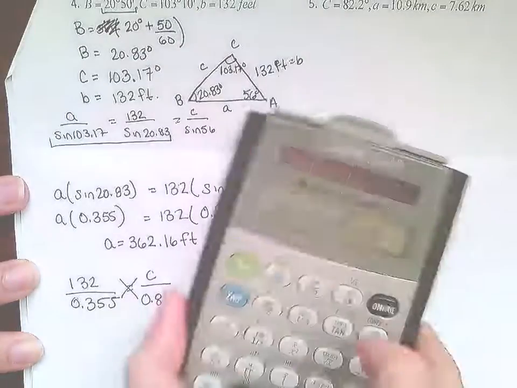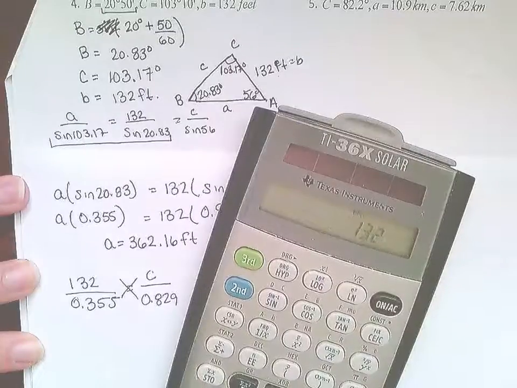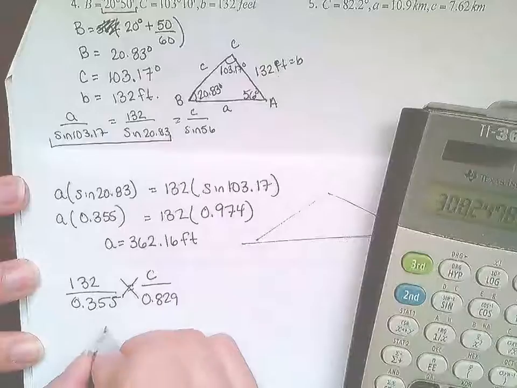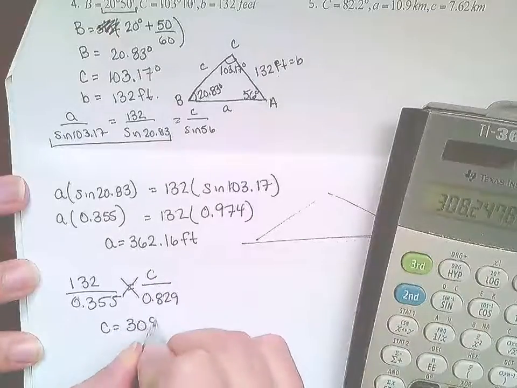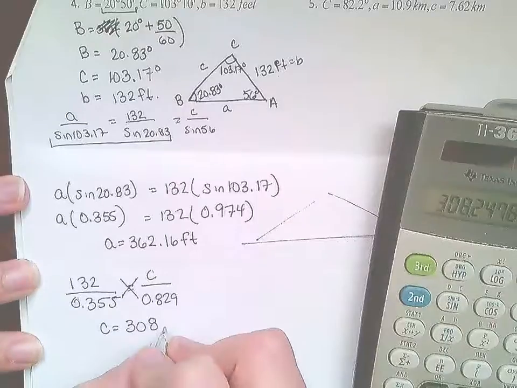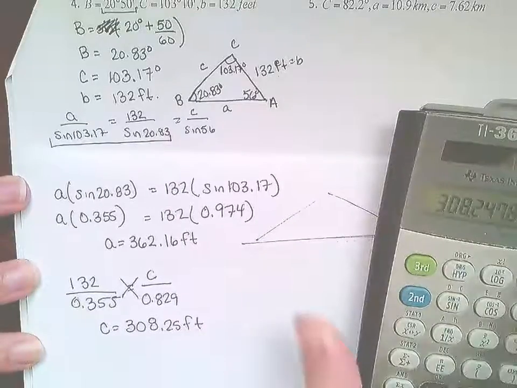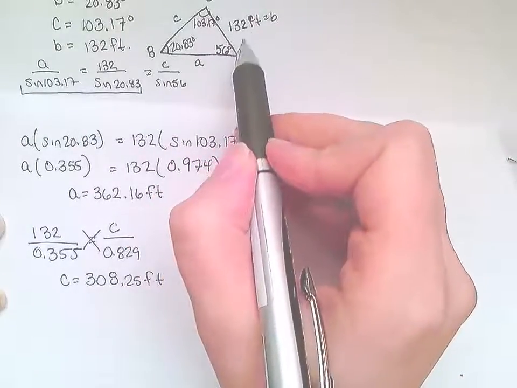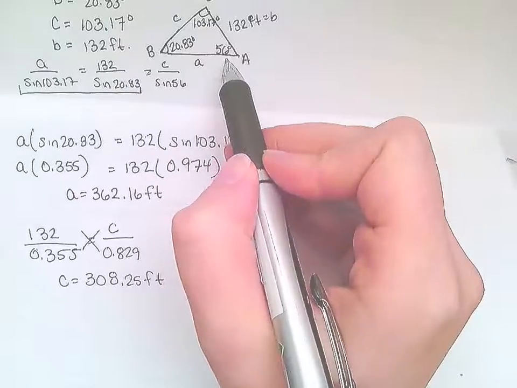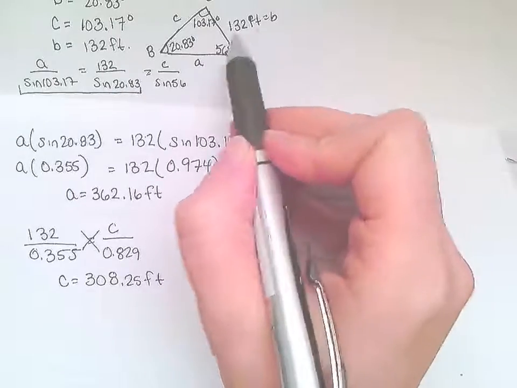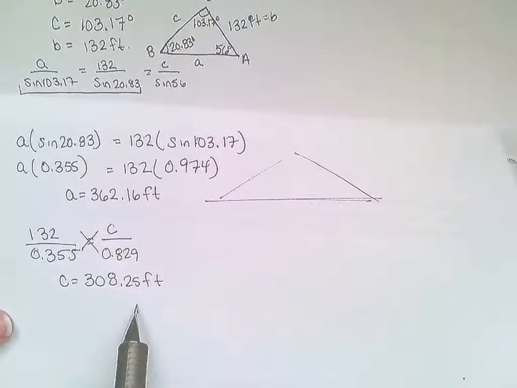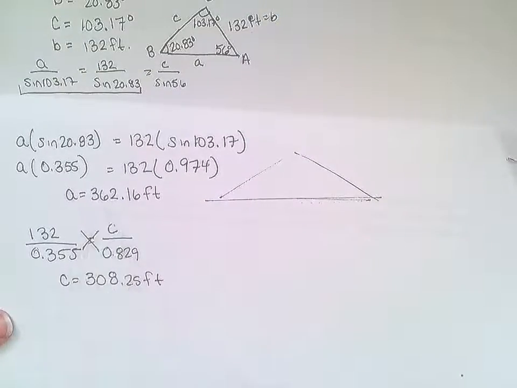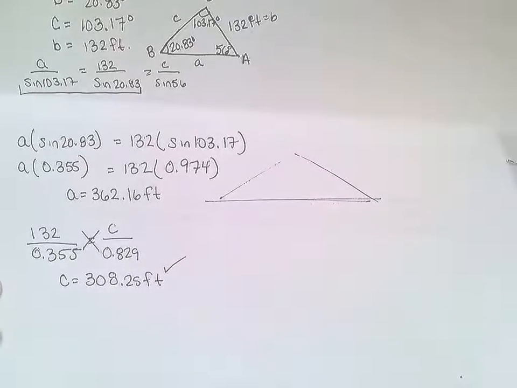Cross multiply, so that's 132 times 0.829 divided by 0.355, and C is 308.25 feet. Again, if 20 degrees is 132 feet, then 56 degrees, which is a little more than double, is going to be a little more than double 132, which makes sense. And it's not bigger than 362.